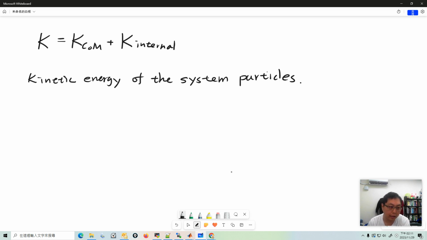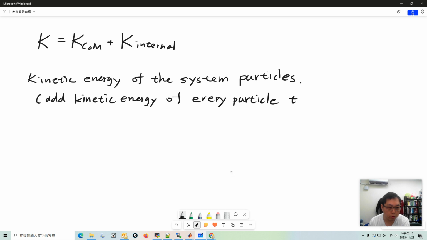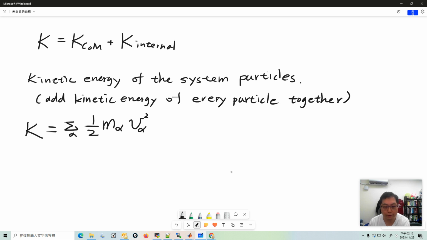We just add the kinetic energy of each particle together. From this definition, the kinetic energy of the system of particles is equal to the sum over alpha of 1/2 m alpha times the velocity of each particle squared. It's adding the energy of each particle together.